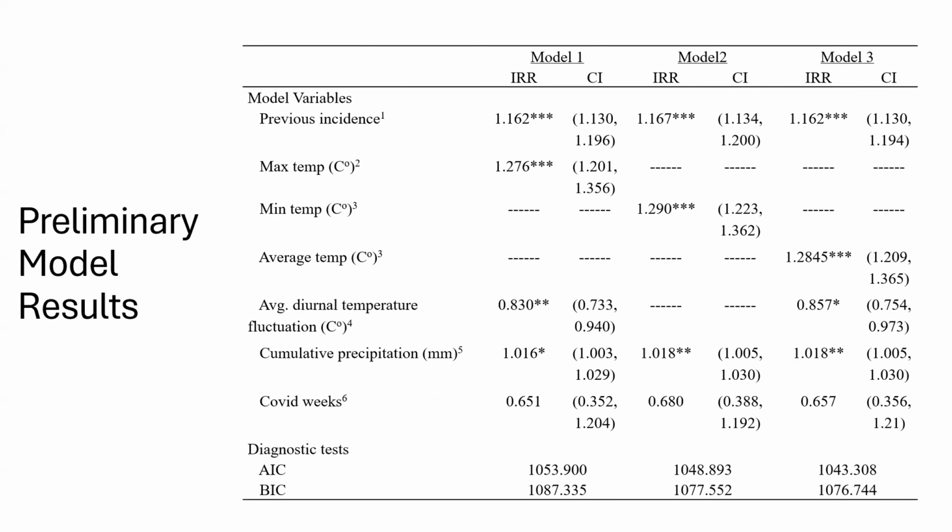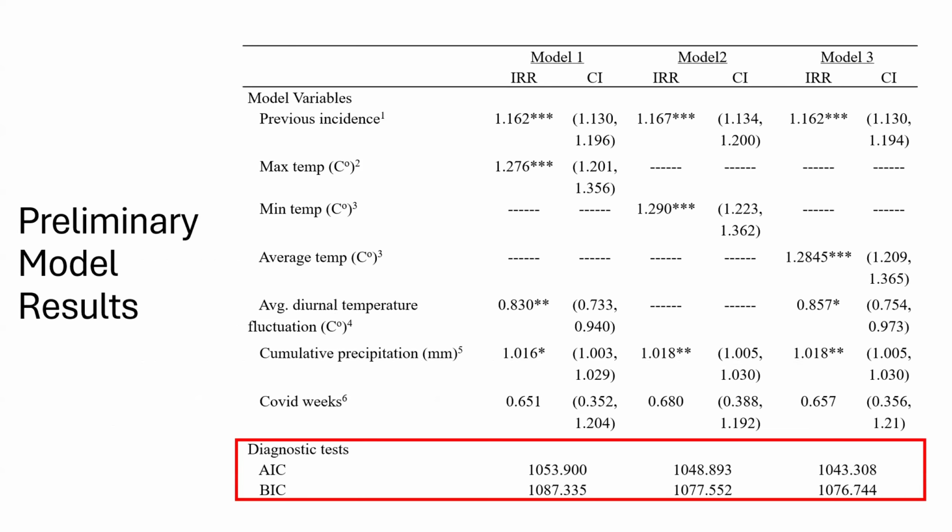So model one is our maximum temperature model, model two is our minimum temperature model, and model three is our average temperature model. And we compared them using AIC and BIC. Basically, the lower the number is, the better the model fits.